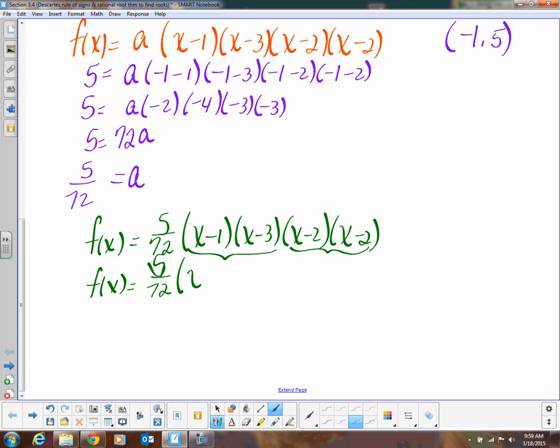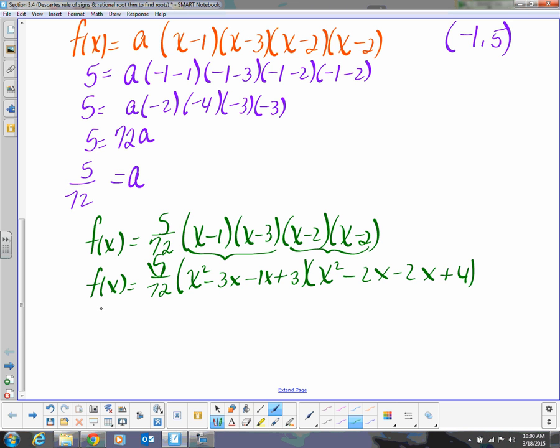So this is going to be x squared minus 3x minus 1x plus 3. Multiplying these, you get x squared minus 2x minus 2x plus 4. So now you've got f of x is equal to 5 over 72 times x squared minus 4x plus 3 and x squared minus 4x plus 4.